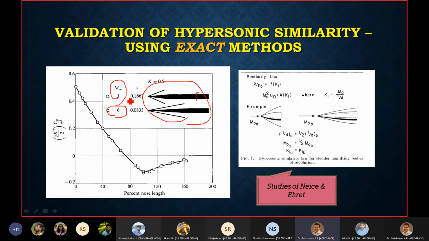So this 3 actually is questionable because it's not in the hypersonic range, but for very slender angles it can apply to lower values of Mach number also. That's the only justification for M infinity being 3 here.